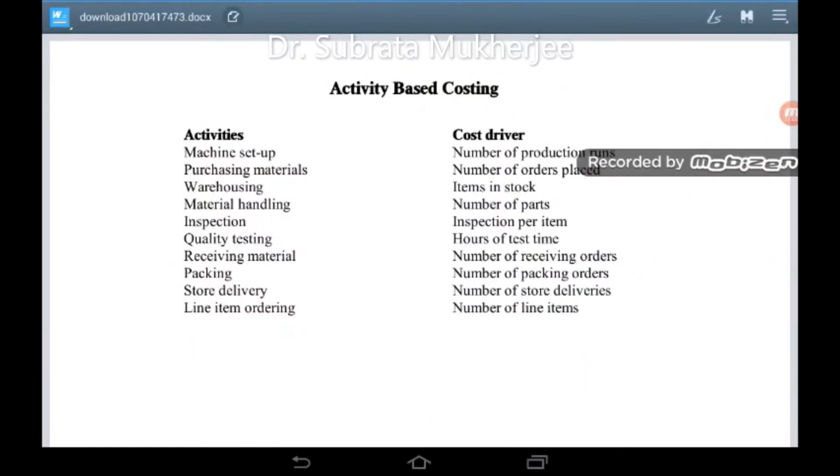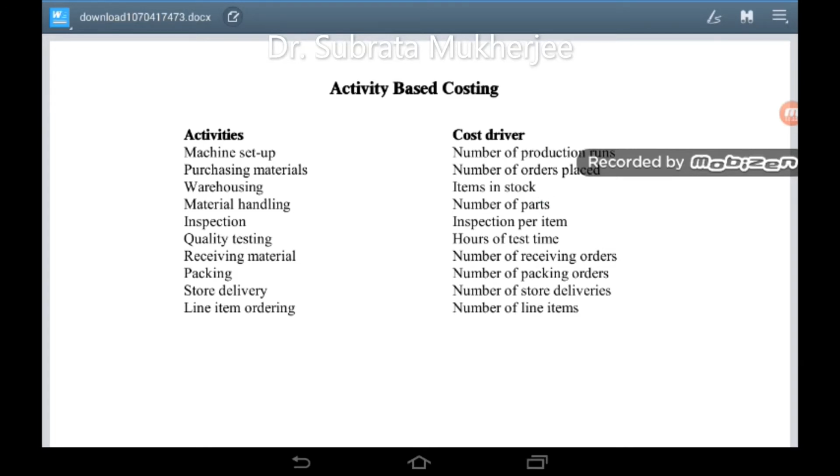Here are some of the activities that I have given and the cost driver. Machine setup is the activity and the cost driver is the number of production runs. Purchasing material is the activity, and the cost driver is the number of orders placed. Warehousing, items in stock.